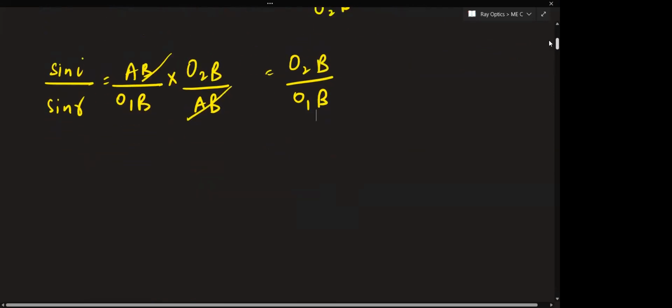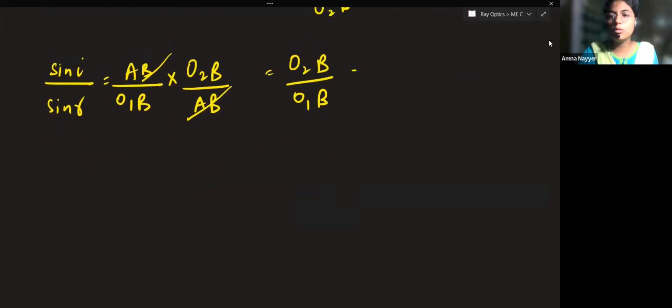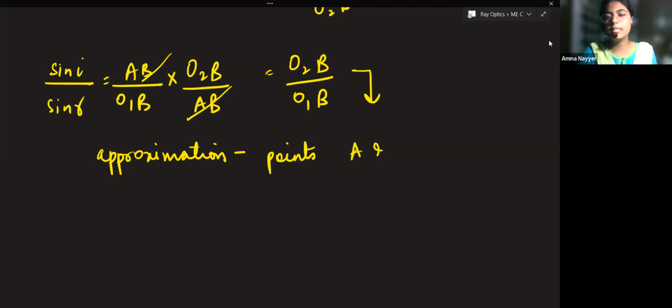Okay. So now I'm replacing O2B and O1B. If we use the approximation, points A and B are close to each other.